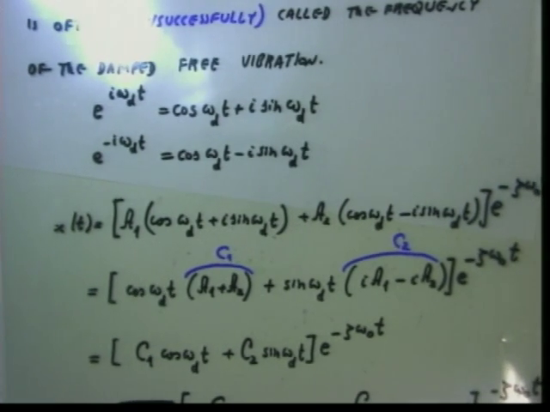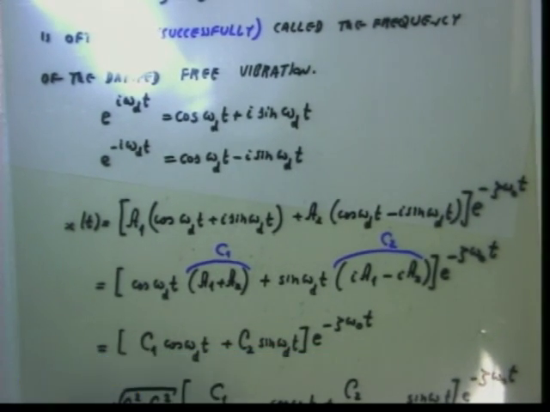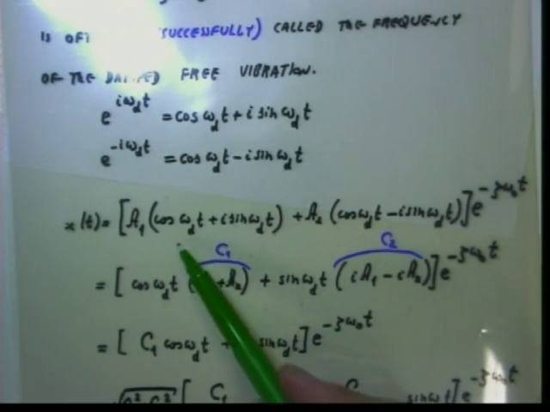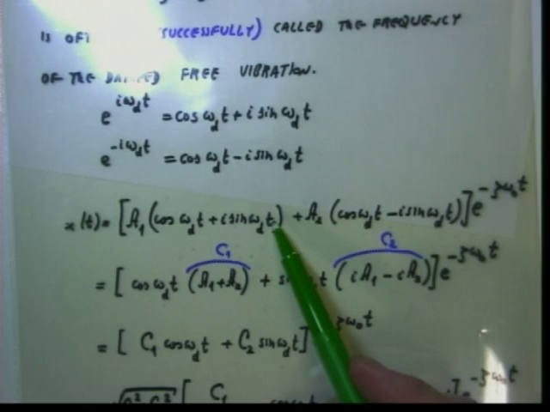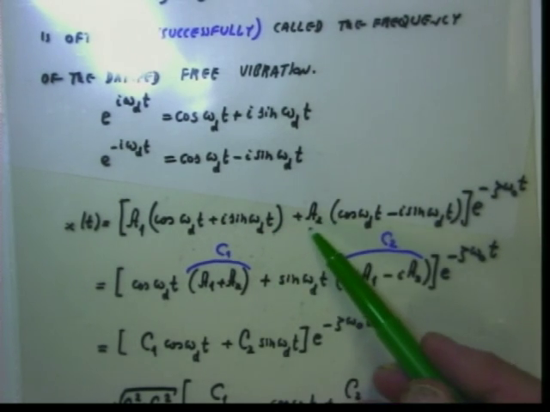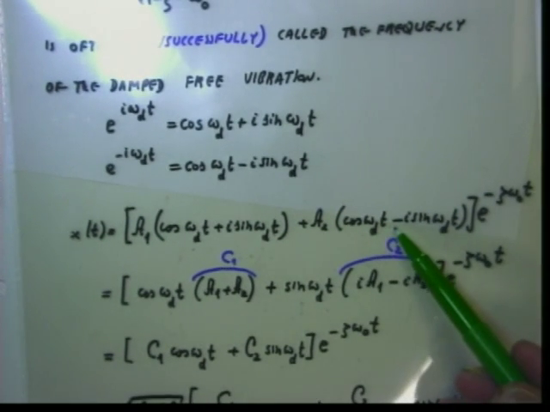No. Okay. So I wrote, look, A1 times this expression, cosine omega d t plus i sine omega d t, plus A2 with minus sign.